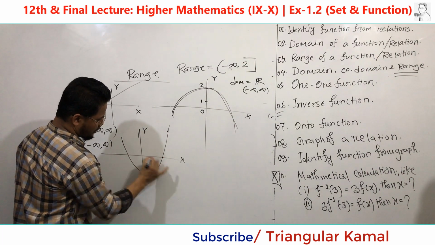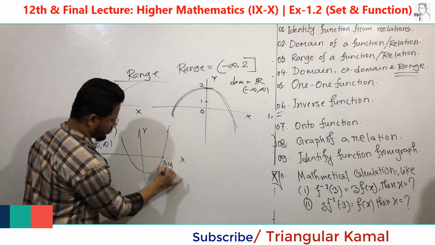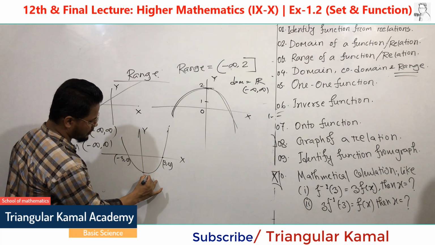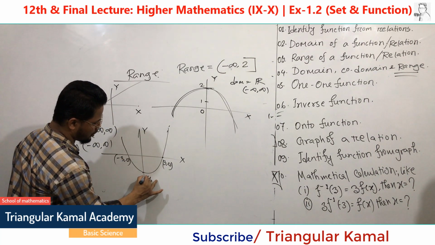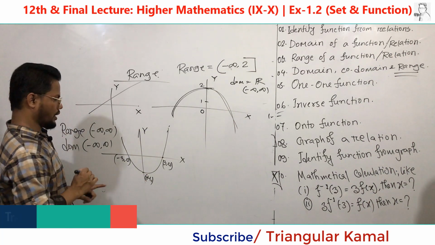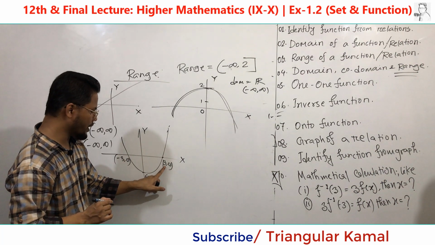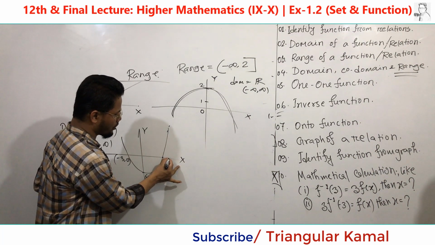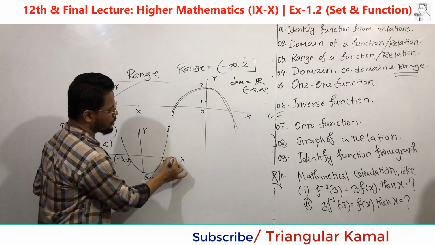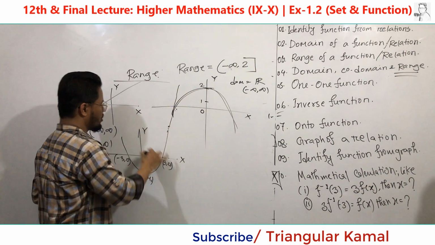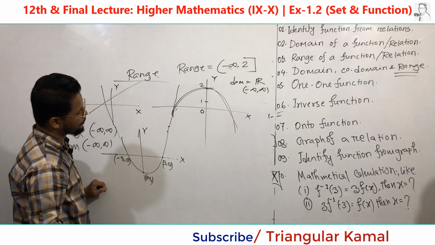We see here, we consider 3, 0 and minus 3, 0 and this is 0, 4. Okay, give attention. If we apply the value of x more than 3, like 4 or 5, then we can produce this graph.